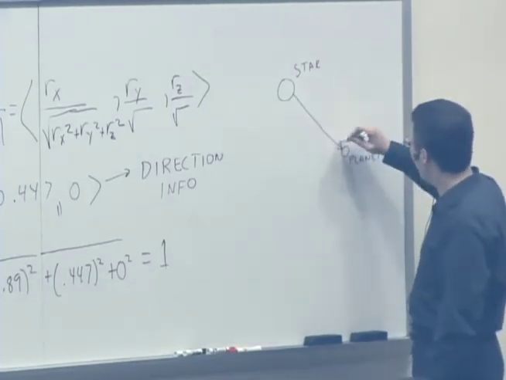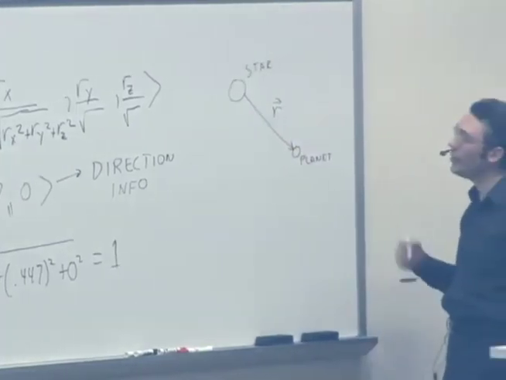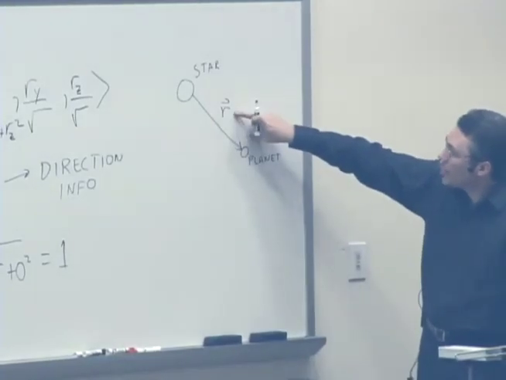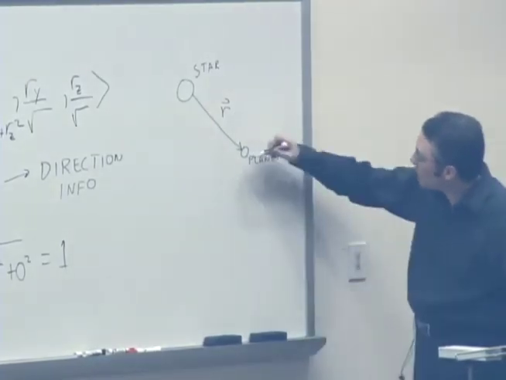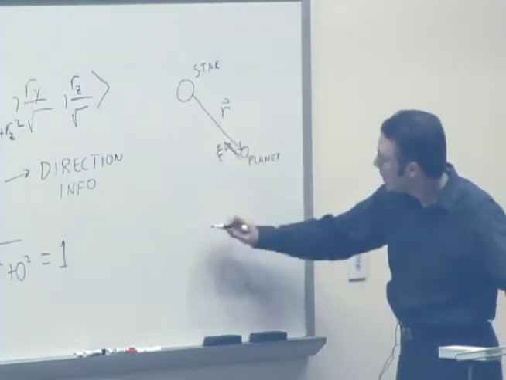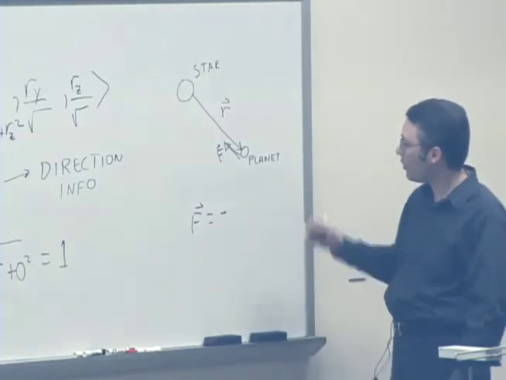And if you defined a relative position vector, call it r, pointing from one object to another, you know that the force was in the opposite direction, so we had to multiply by a negative sign. If we're looking at the force on the planet, the force would be that way. And so you had a negative sign to give you the correct direction.